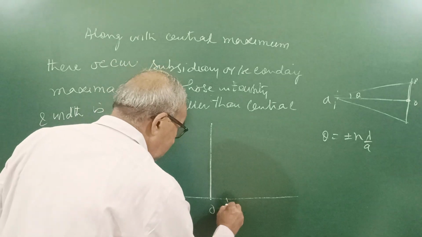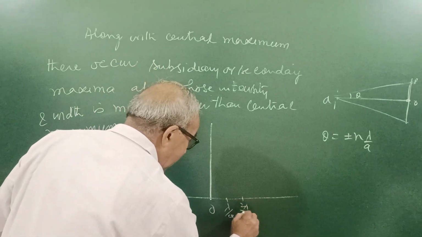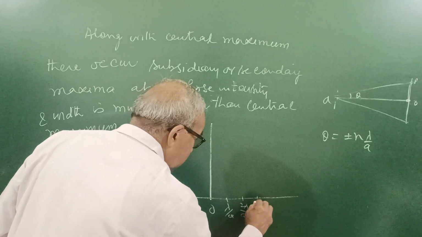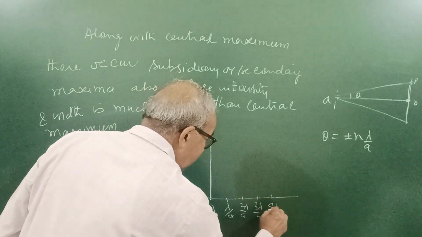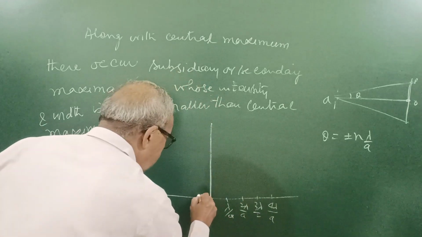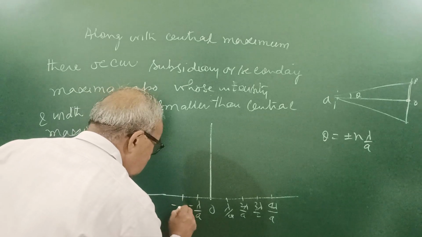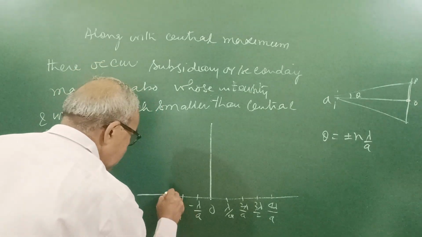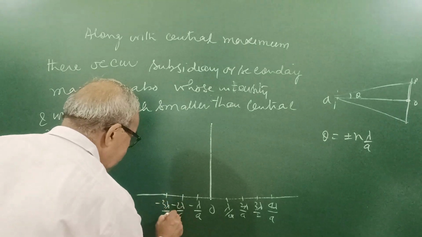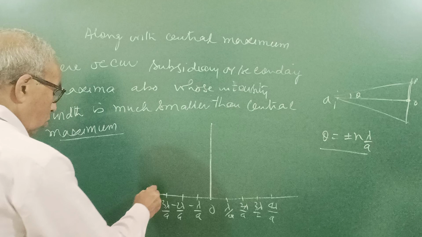Here it is lambda by a, 2 lambda by a, 3 lambda by a, 4 lambda by a, minus lambda by a, minus 2 lambda by a, minus 3 lambda by a, and so on.